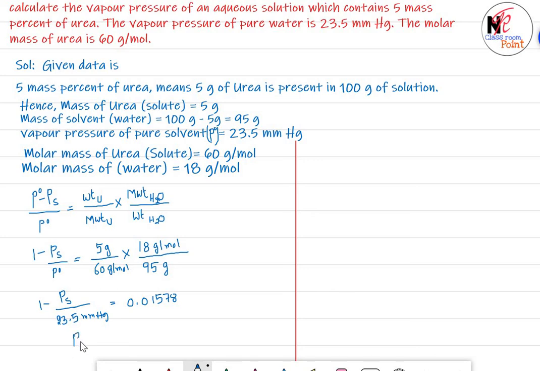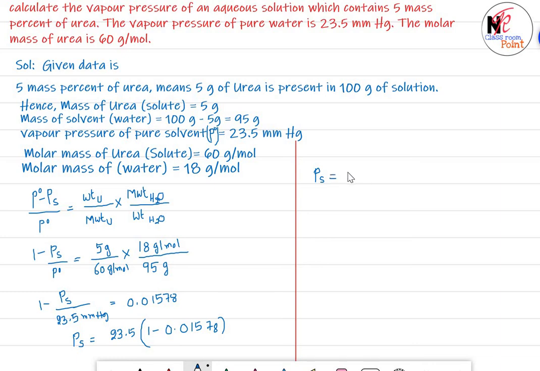We can write this as PS is equal to 23.5 millimeters of mercury, units I am not writing over here, into 1 minus 0.01578. So we will continue here with the remaining part.